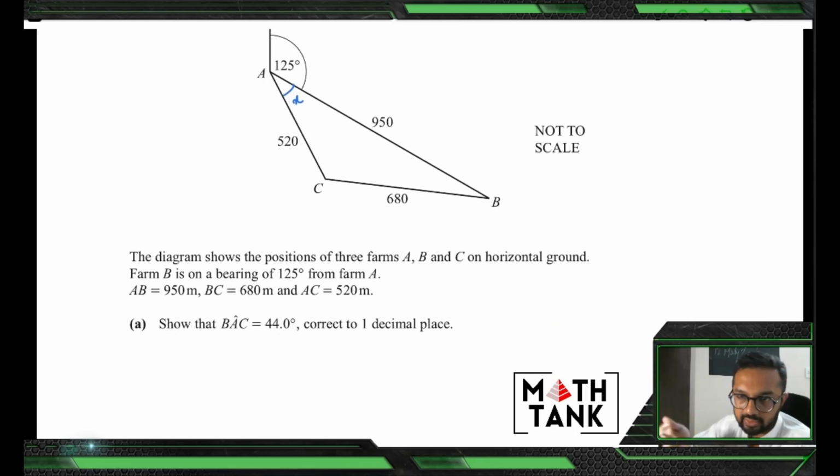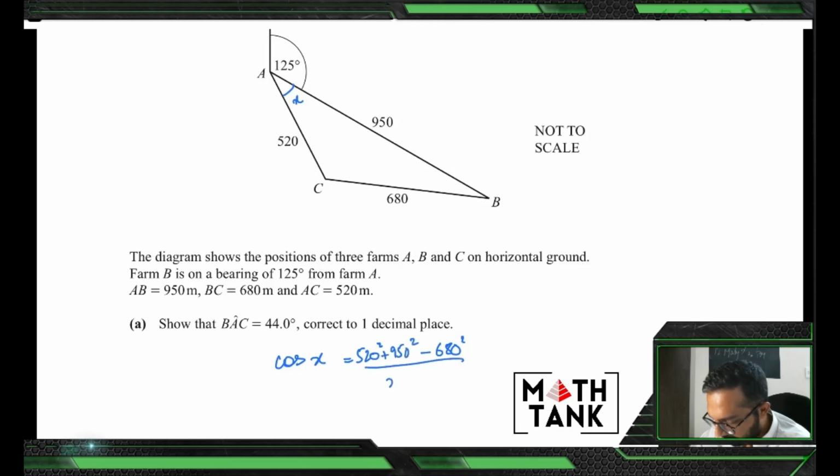Again, I have three sides. That means I'm going to use the cosine rule. So cos x equals 520 squared plus 950 squared minus 680 squared over 2 into 520 into 950.